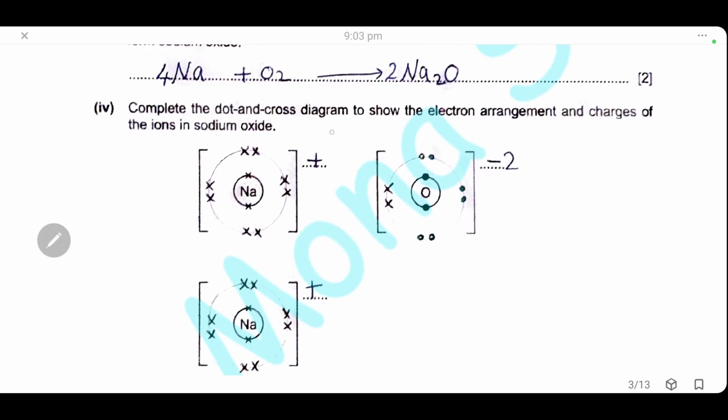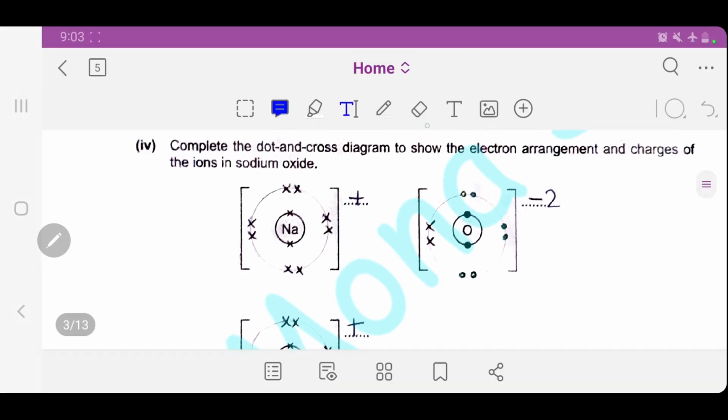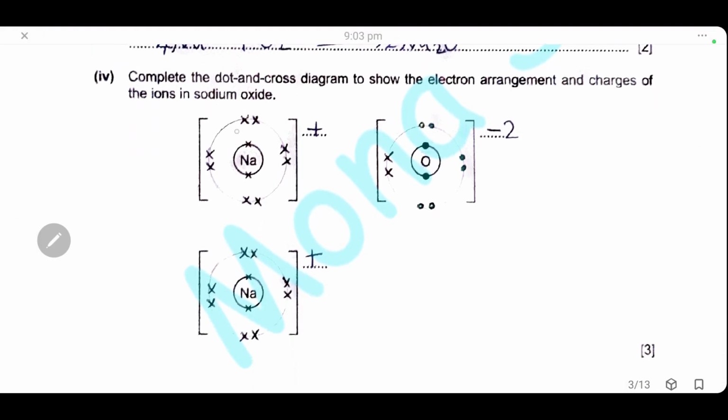Complete the dot and cross diagram to show the electron arrangement and charges of ions in sodium oxide. Sodium oxide has 2 sodium ions and 1 oxide ion. Each sodium atom will lose 1 electron to form a sodium ion with 1 positive charge.